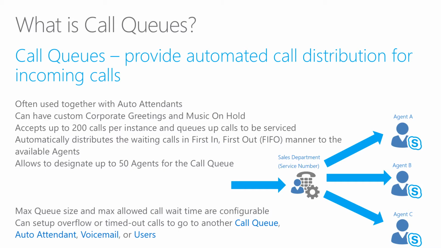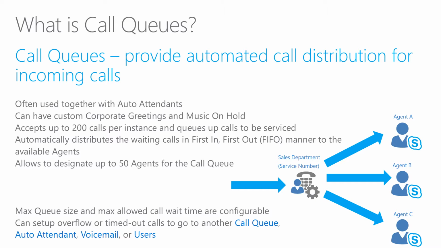So what's a call queue? They're an automated call distribution for incoming calls. That's basically what a call queue is. They're often used together with auto attendants. So an auto attendant picks up the phone, tells you, hey, for sales press 1, for service press 2, and then you get transferred to a queue. In the queue, you wait until one of the agents is available.